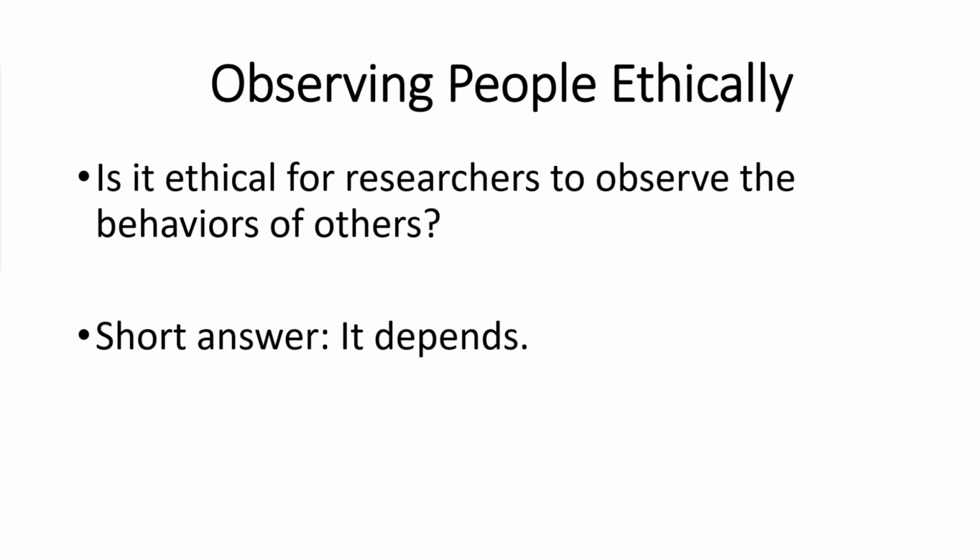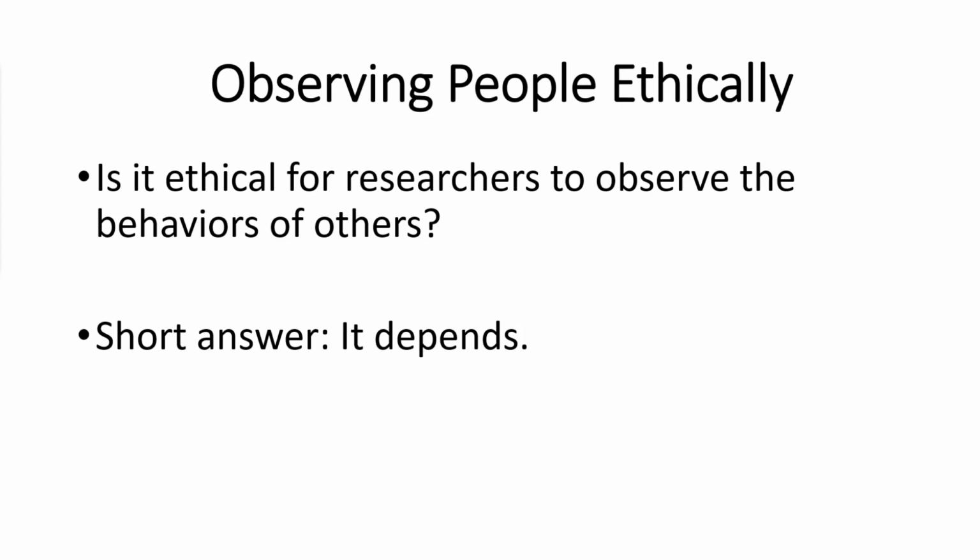So informed consent, where you have to be told about what's going on in the experiment and you have to consent to that happening. And for most of the stuff we've talked about, there hasn't been a lot of chat about informed consent. And so we run into this question of, is it actually ethical for researchers to be observing behavior for others?